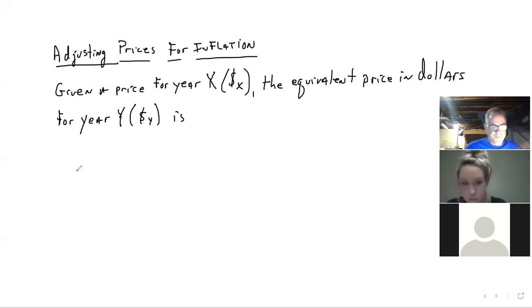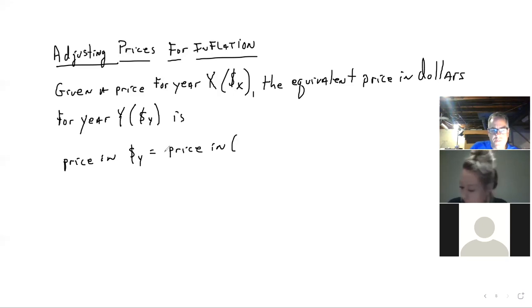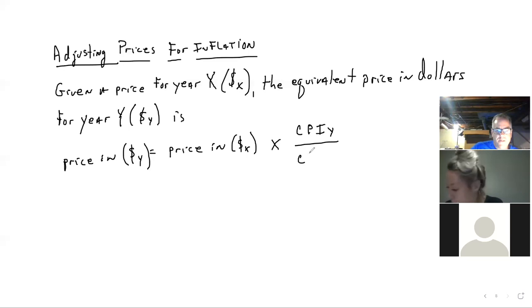The formula looks like this. Price in year Y equals the price in year X times CPI of Y divided by CPI of year X. So remember, X is the one you know.